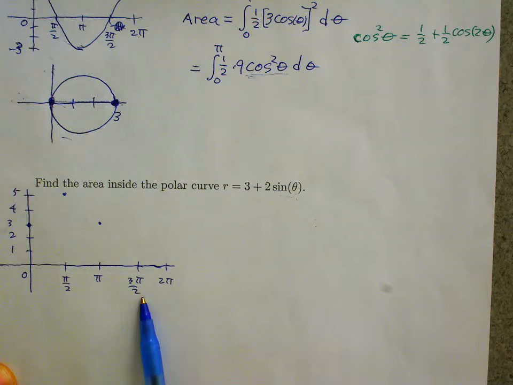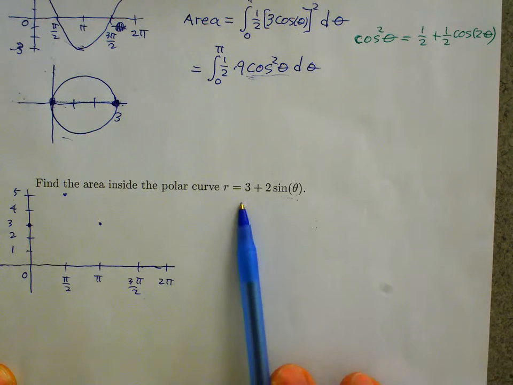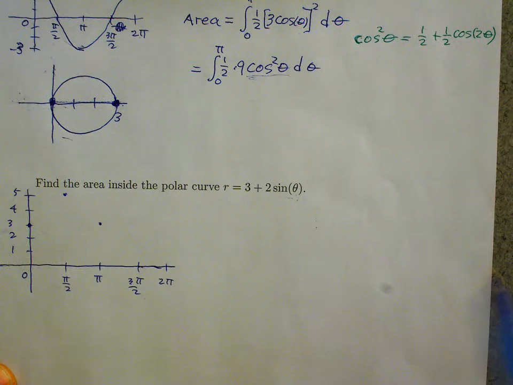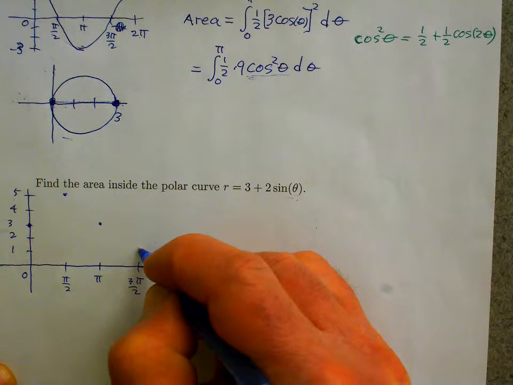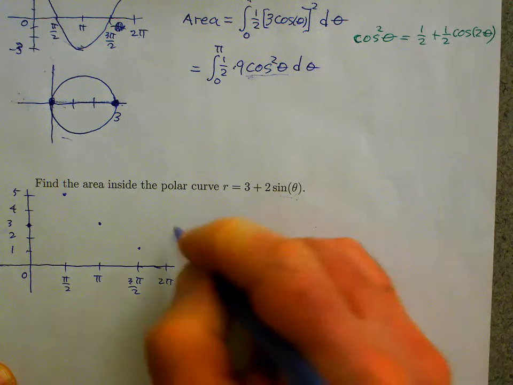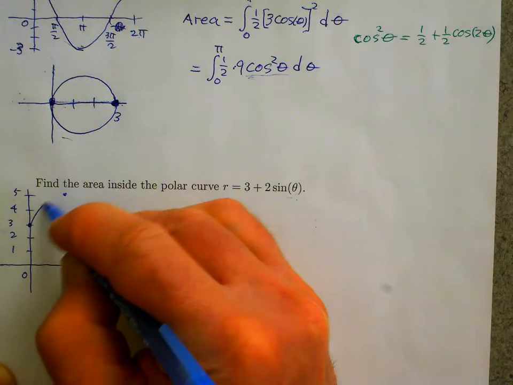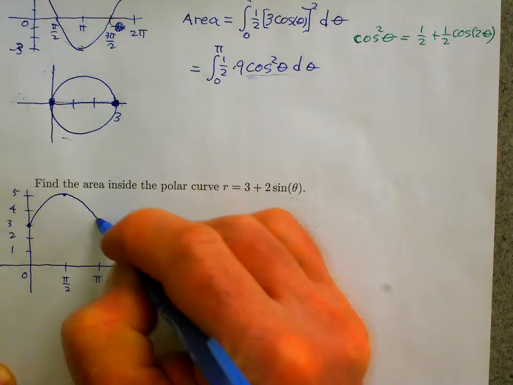And 3 pi over 2, sine of 3 pi over 2 is negative 1. 3 plus 2 times negative 1 is 1. And then when theta is 2 pi, r is 3 again. So in the Cartesian plane, we get this graph.